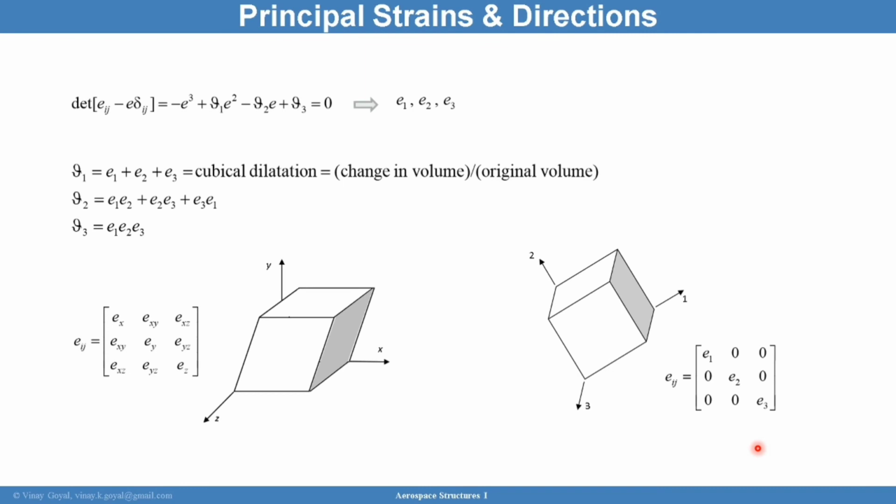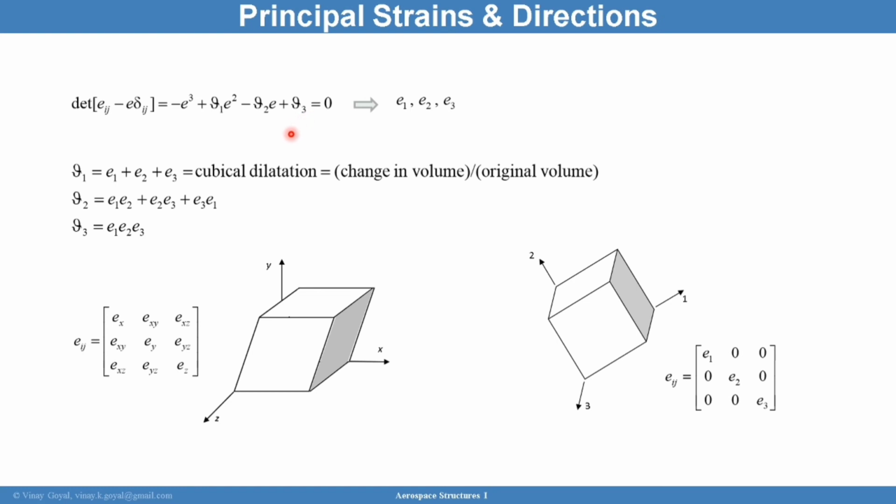You follow the same process we had before and calculate a characteristic equation. Based on that, you will then determine the principal strains and the eigenvectors that represent where those principal strains are really occurring.